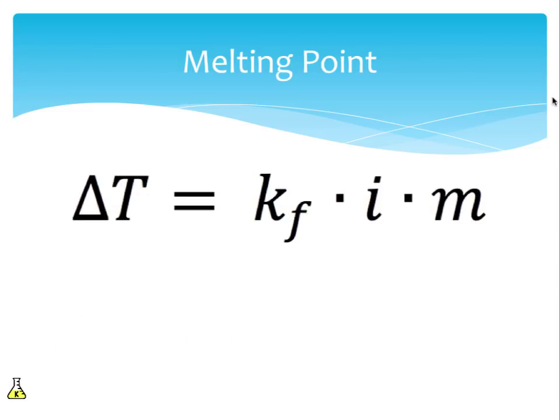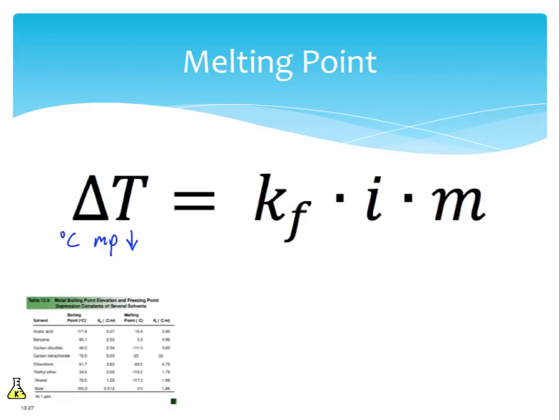Just like before, we have an equation that determines how much the freezing point actually changes. Delta T, again, is a measurement of the degrees Celsius that our melting point is going to go down. It's not the new melting point, it's how much the melting point changes. Just like before, K sub F is a constant. In this case, it is the freezing point constant.